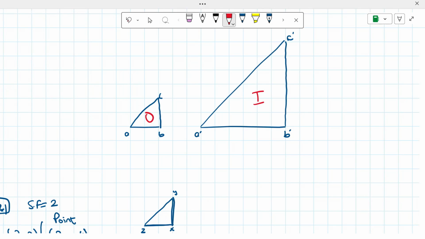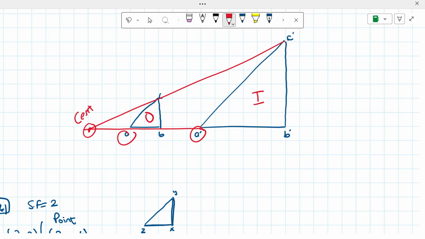For the center of enlargement, we will take any 2 points. For example, let's take point C from both the object and the image, and we connect these points with a straight line. Now take the second point. Let's take A from both sides and join these together, and it will form an intersection, which will be considered as our center. Okay, this is one way of doing it.